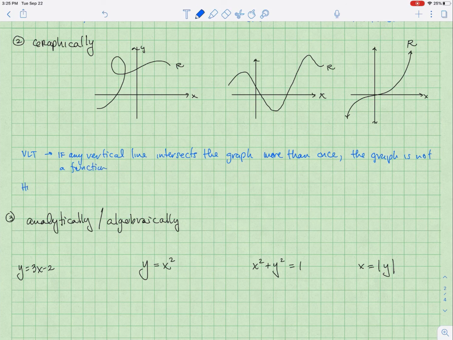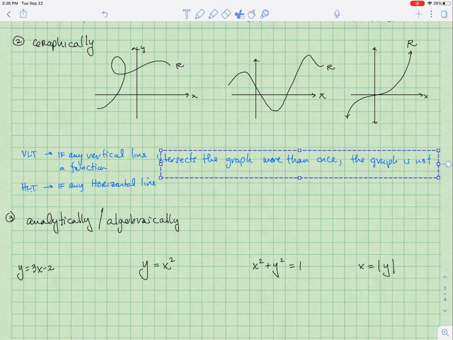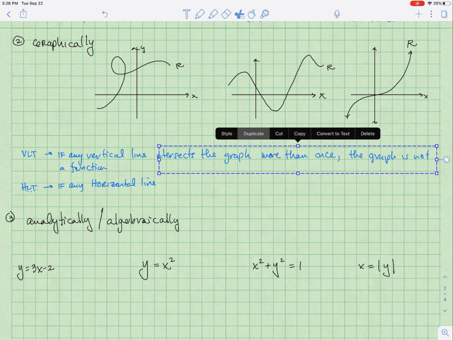And then, of course, we have the horizontal line test. If any horizontal line, let's make this easy. If any horizontal line intersects the graph more than once, let's duplicate that.